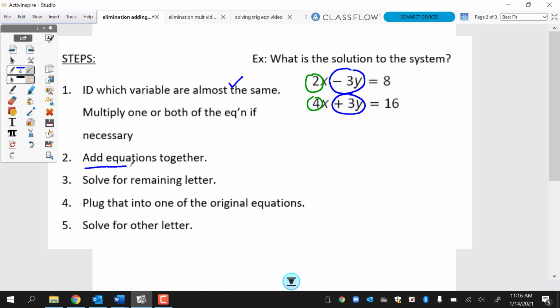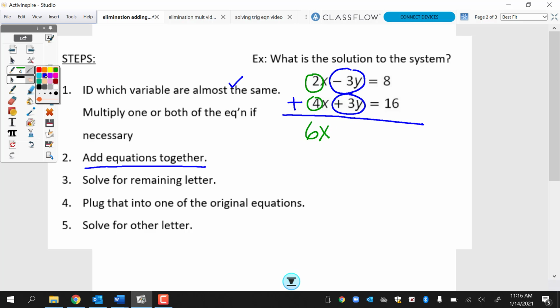What are we going to do? We're going to add the equations together. Big plus sign. Okay, so you would add x's with x's, y's with y's, naked numbers with naked numbers. So when we do 2 plus 4, we get 6. So we're going to put that adds up to 6x.